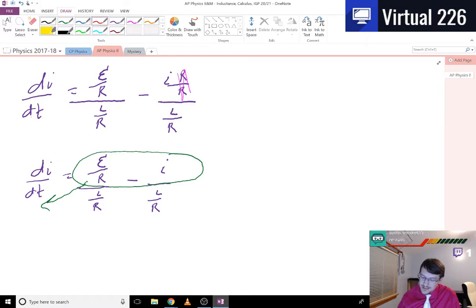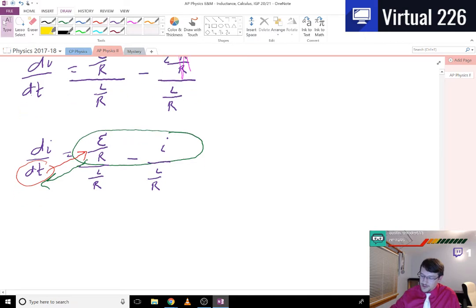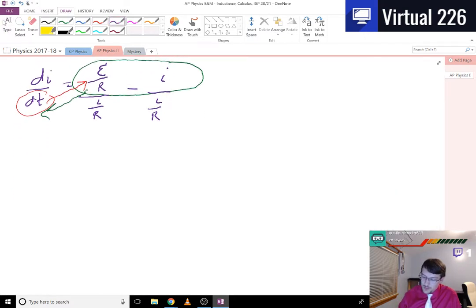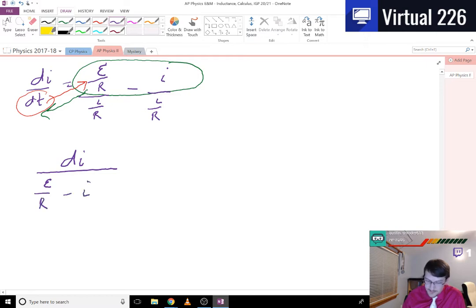I'm going to take dt and multiply it on both sides, so it's going to cancel itself out over here, and then it's going to wind up in the numerator over here. Okay? So when I do that, I get di divided by epsilon over r minus I equals dt over L over R.